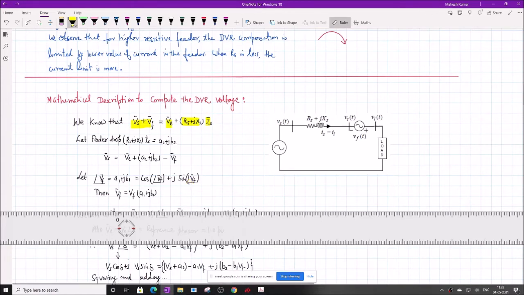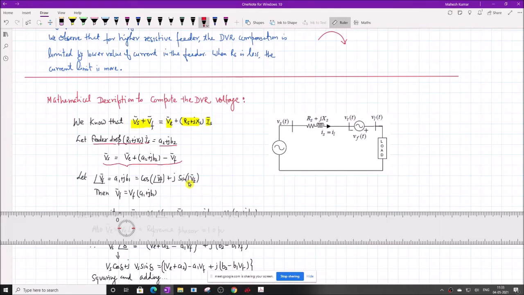Now let us write this feeder drop, Rs plus jXs into Is, as A2 plus jB2, just for the sake of convenience. It has a real part and an imaginary part. So what is A2? Rs into Is phasor, and what is B2? jXs into Is phasor. Then Bs becomes Bl plus A2 plus jB2 minus Bf.